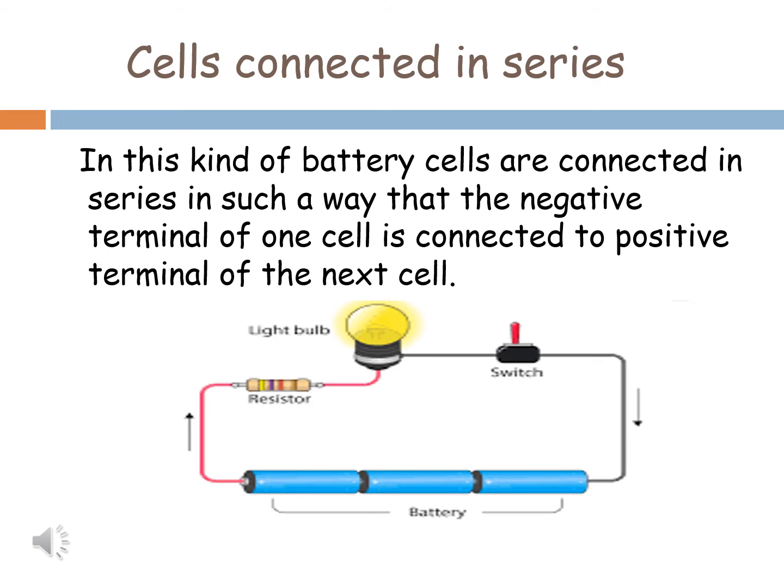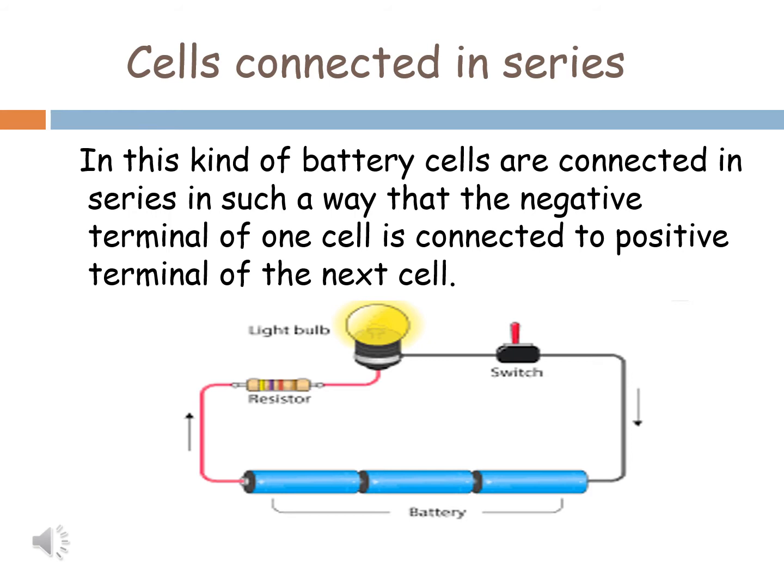In this kind of battery, the cells are connected in such a way that the negative terminal of one cell is connected to the positive terminal of the next cell. And we can change the number of cells. It depends upon the device in which we are using them. So the number of cells can be different in different devices.